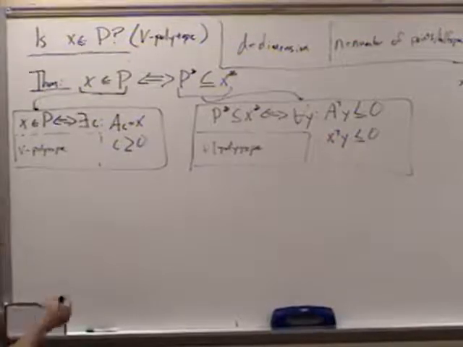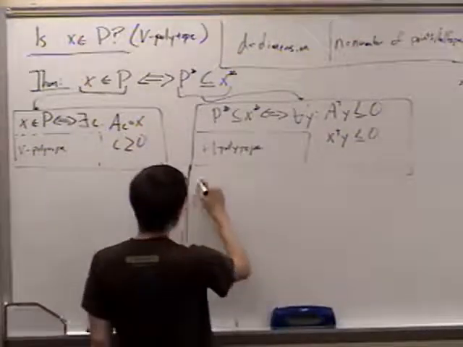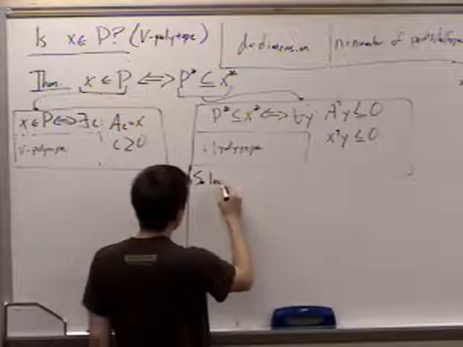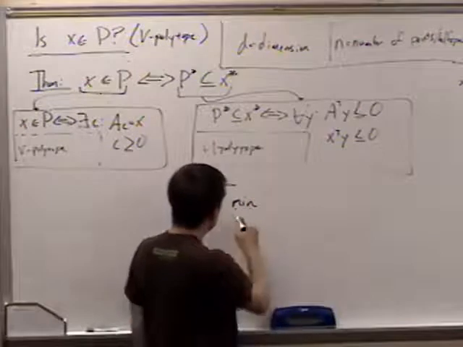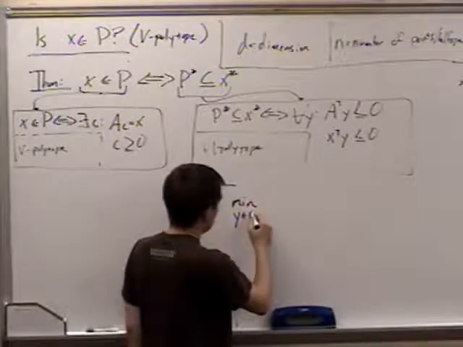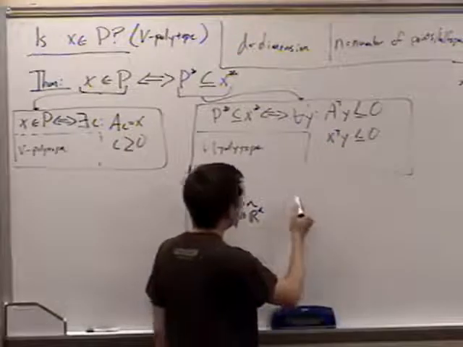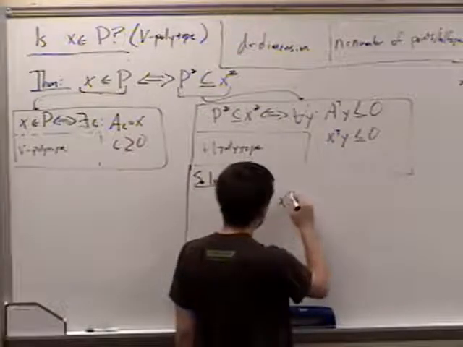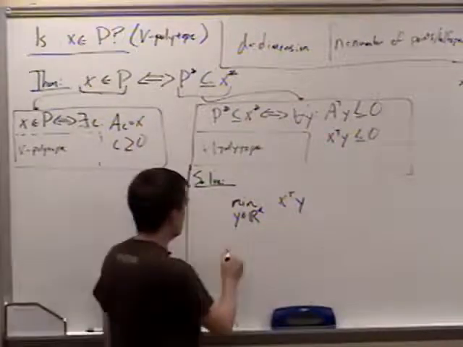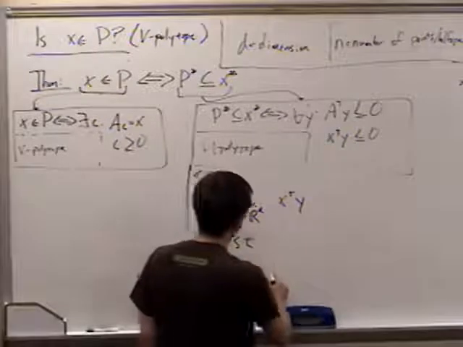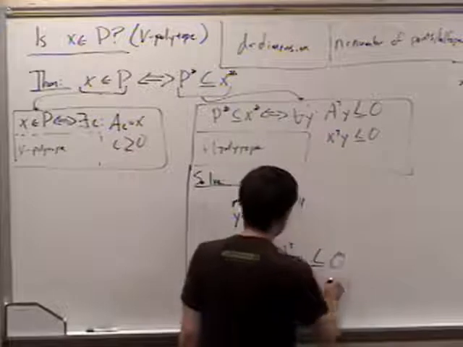Said another way, another variation of this problem is we'll consider this. Suppose we want to solve this problem of minimizing, over y in R^d, this quantity x transpose y, such that A transpose y is less than or equal to 0.